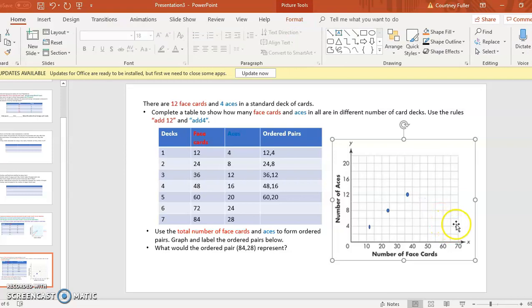And right there is 36, 12. You would continue doing that for all of those ordered pairs.